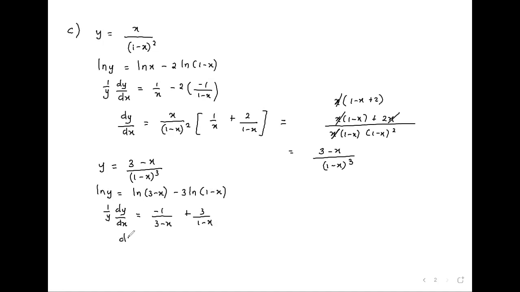So the derivative, which is the second derivative, we have to go back and say second derivative there, is going to be (3 minus x over 1 minus x) times (3 multiplied by negative 1 over 3 minus x plus 3 over 1 minus x).